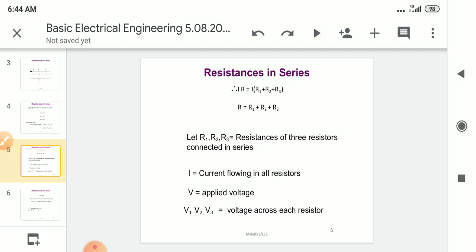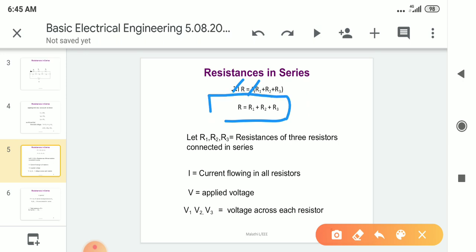Next, cancel these I's. Then R is equal to R1 plus R2 plus R3. This is the relation when the resistances are in series. This is the equivalent resistance when the resistances are in series, where R1, R2, R3 are connected in series, I is the current flowing in all the resistances, V is the applied voltage, and V1, V2, V3 are the voltages across each resistance.